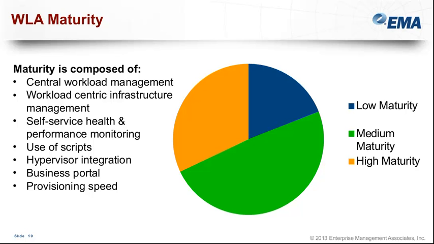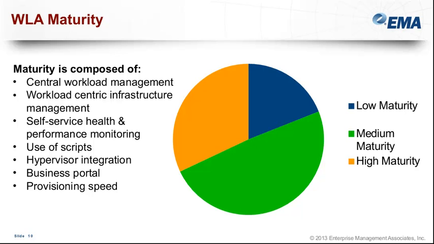We took those and created a proxy variable that scored companies higher that had more of those things that you can see to the left: central workload management, central infrastructure management, self-service, health and performance monitoring. All of those things, the more a company had in place, the higher we scored them on our maturity scale.